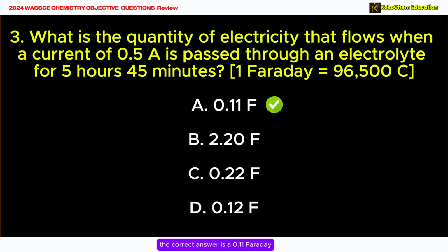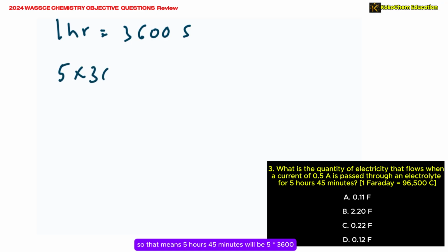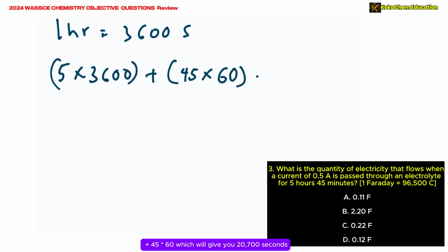0.11 Faraday. So if we are converting 5 hours 45 minutes to seconds, 1 hour will give you 3600 seconds. So that means 5 hours 45 minutes will be 5 times 3600 plus 45 times 60, which will give you 20,700 seconds.